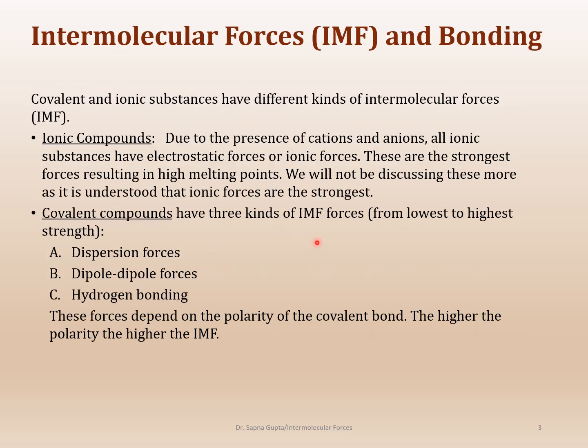Intermolecular forces are going to be in everything. In any kind of compound, you're going to have intermolecular forces. Ionic compounds will have them too, and covalent compounds also will have intermolecular forces. Ionic compounds will have what is called ionic forces, and these are between cations and anions, which are positive and negative, opposite signs.